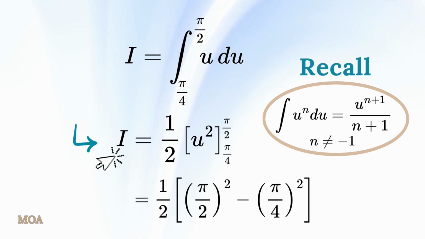Now, what is next? Well, since the antiderivative of u is given by 1/2 times u raised to the power of 2, this implies that the previous integral equals 1/2 times u squared, evaluated from pi over 4 to pi over 2, which equals 1/2 times the quantity pi over 2 all squared minus pi over 4 all squared.